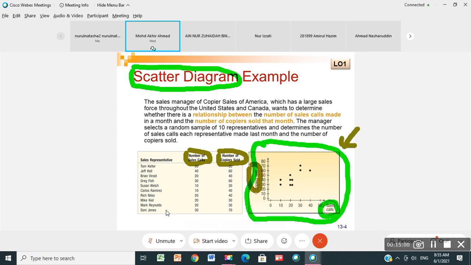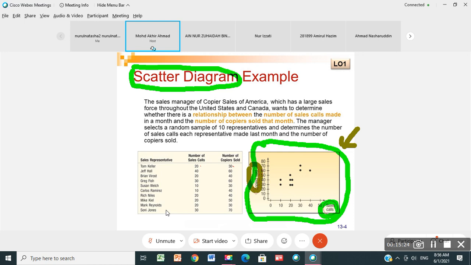So how we develop it: we look at the points here. Tom Hiller, his name. So here the point is number of calls 20 and copiers 30.